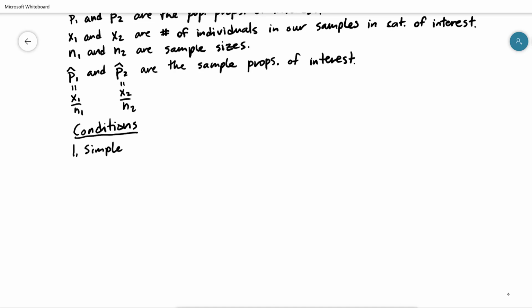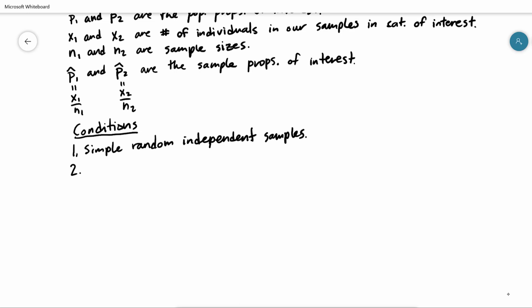So we need simple, random, and independent samples. And again, the independence just means that the outcomes of one of our samples shouldn't affect the outcome in the other sample.